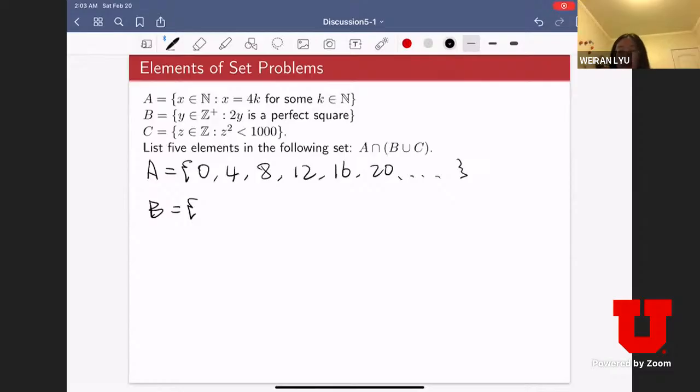So why don't we start by writing out what all the 2y's are? We know that 2y is a perfect square, so if we first write out what all the perfect squares are, would it just be all of the perfect squares that are even? Yeah, exactly.